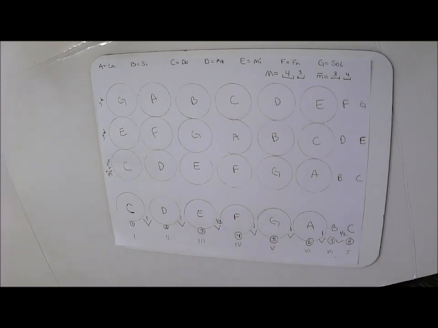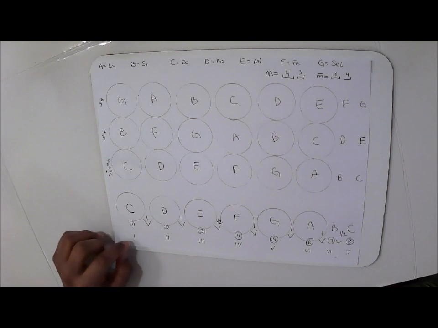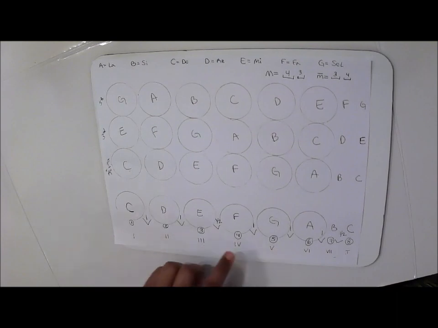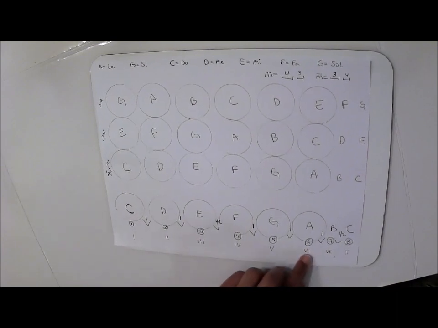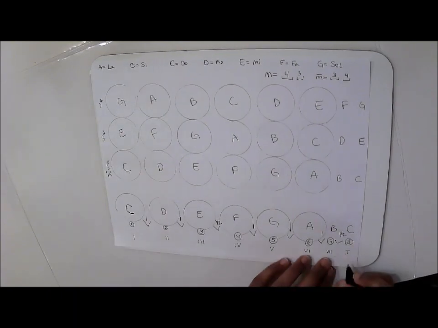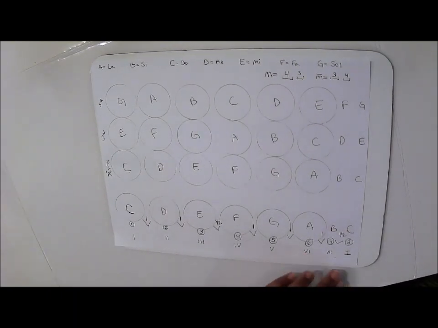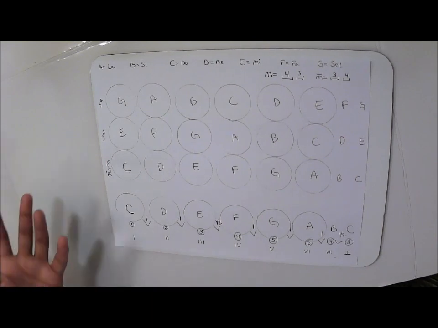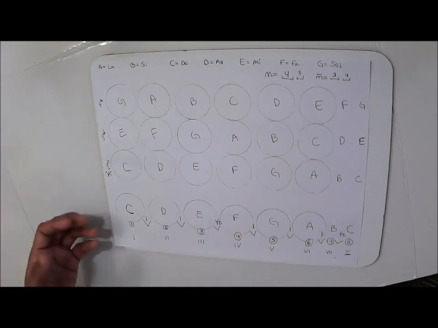You choose to use the numbers that you want, but I'm going to use the Roman numerals. So I have the first, the second, the third, the fourth, the fifth, the sixth, the seventh, and the eighth, which is the same one. I'm going to write that like this, which would be the major case, capital case 1. So the chords can be major and minor, as I just said.